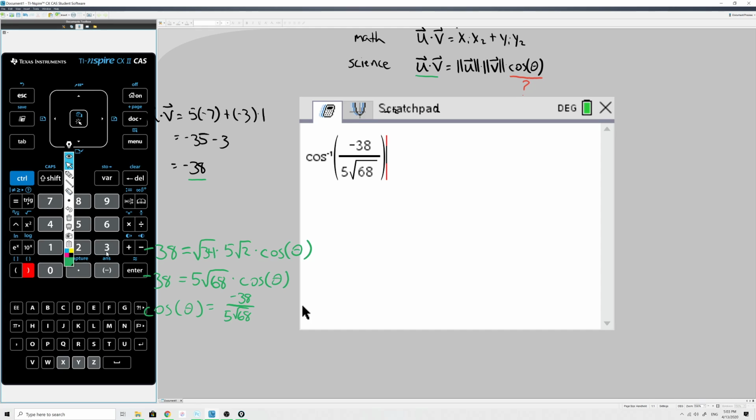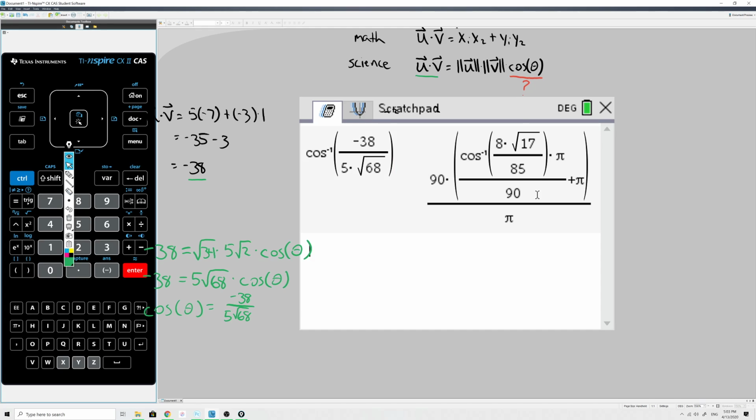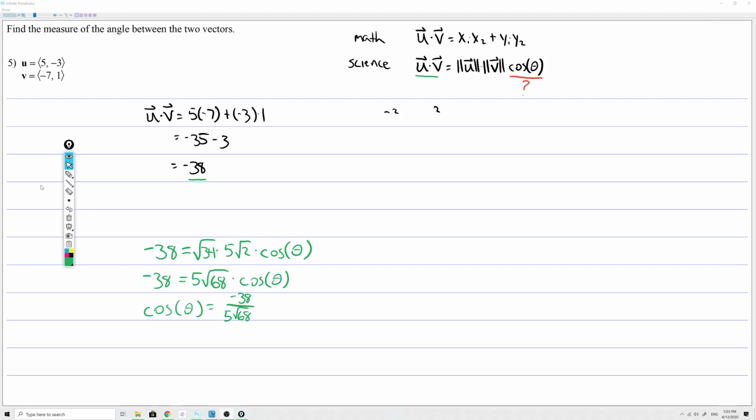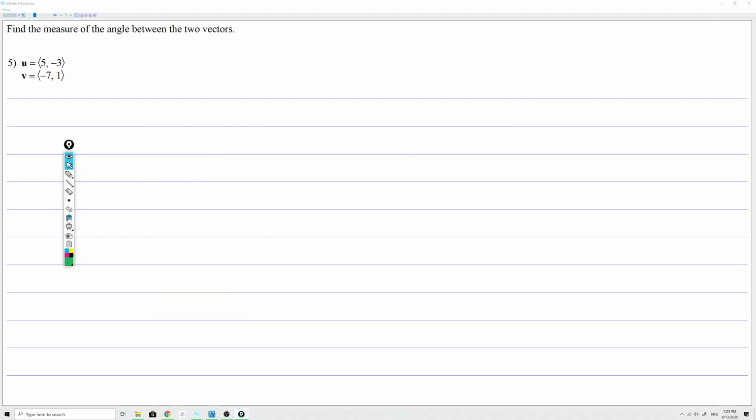Press enter, and we should have something really ugly with our nice calculators. So press Control Enter, and you'll have the angle between the two vectors. So here the angle between those two vectors is 157.2 degrees. So that's how you find that. And that will really take care of your main assignment for the week.